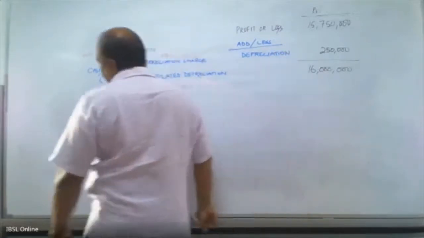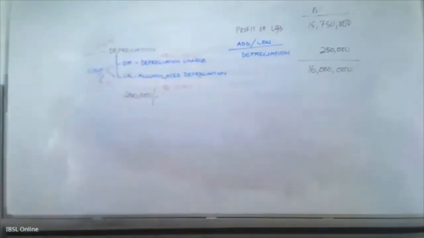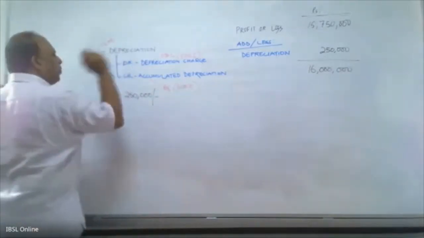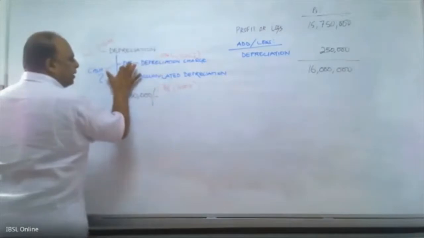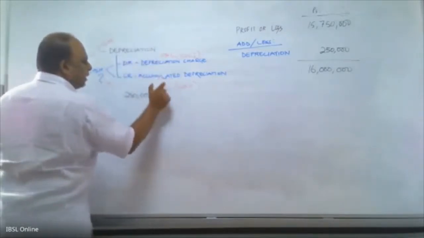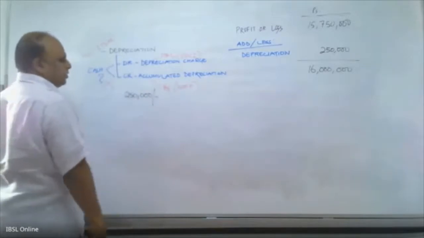Do you understand the logic or rationale behind adding depreciation? Let me explain it again. When you provide depreciation in your profit or loss, you debit the P&L account depreciation charge and credit accumulated depreciation in the balance sheet.